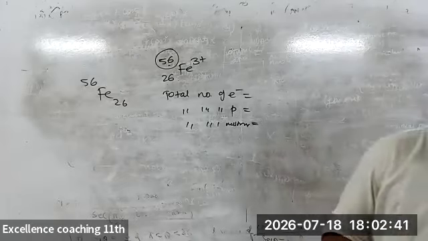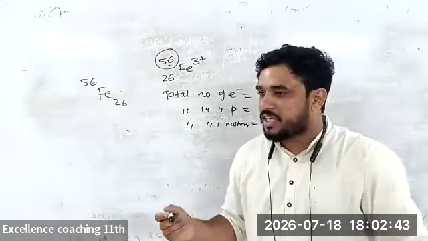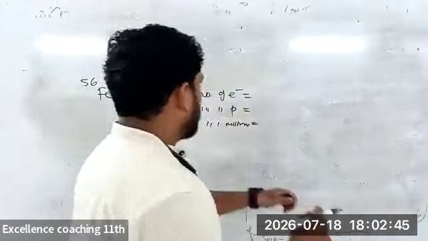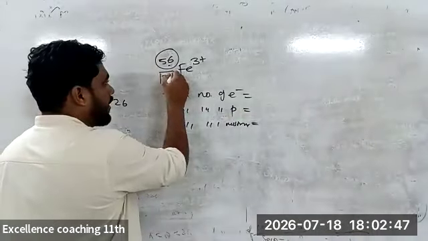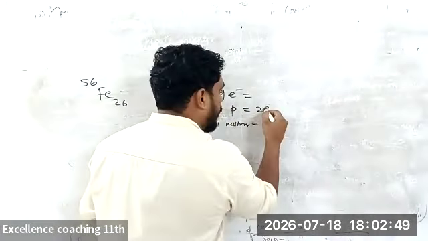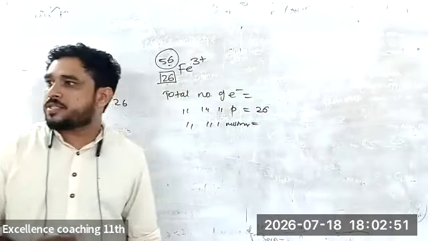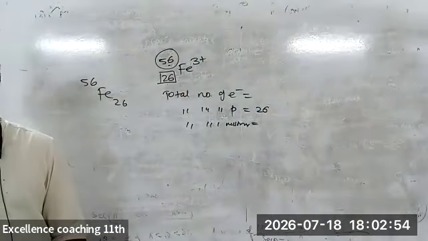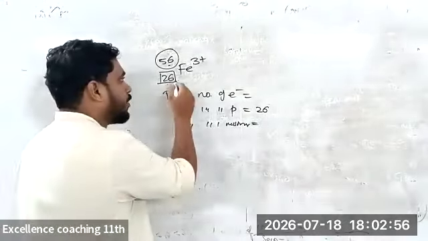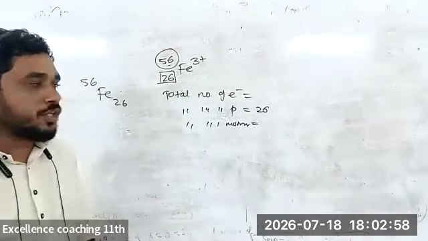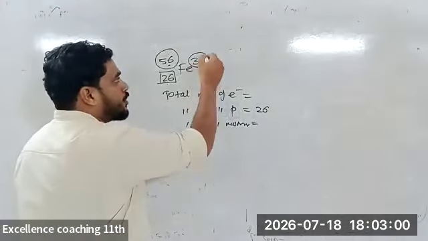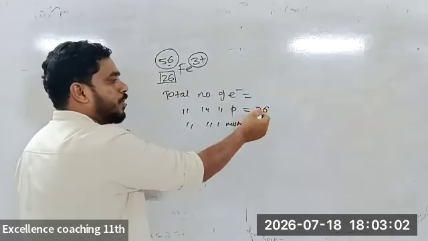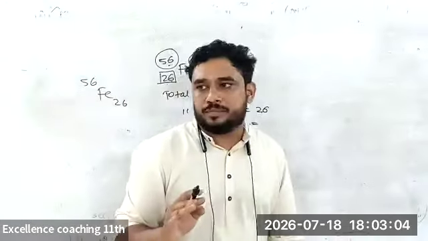Don't worry. First thing, atomic number gives you the information of the number of protons, so it is 26. If there is no charge, the number of protons and electrons are the same.